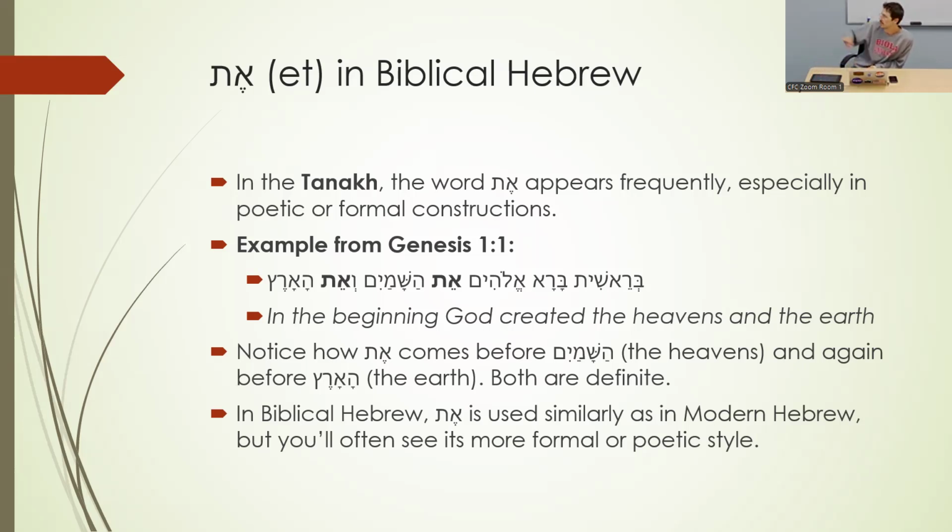So if you remove the et, the hey goes away. Because it's not definite. Again, it's not definite. Not specific. But in this particular verse, it's specific. So both are definite, right?